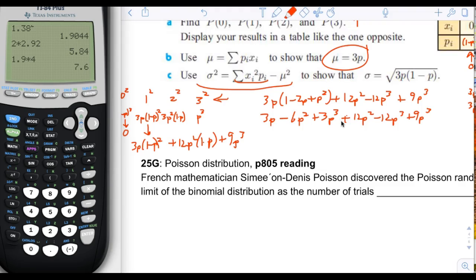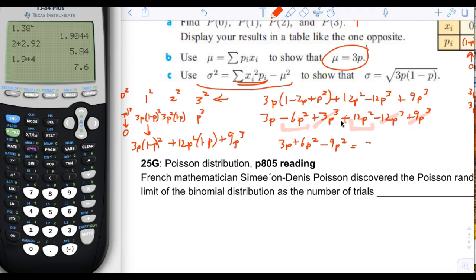Okay, so let's combine the p cubed. So 3p cubed plus 9p cubed minus 12p cubed. Oh, they all cancel out. Okay, what about 12p squared minus 6p squared? That's equal to 6p squared. So it would be 3p plus 6p squared. And that is this part here. And then I subtract mu squared, which would be (3p) squared, which would be 9p squared.